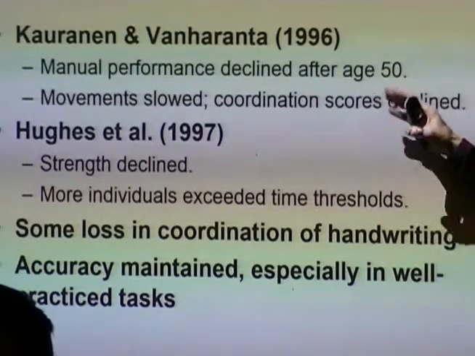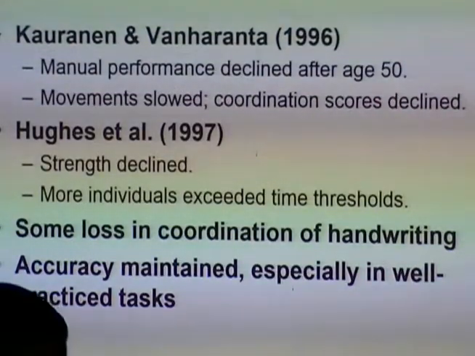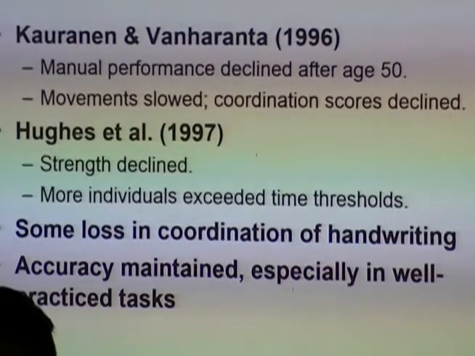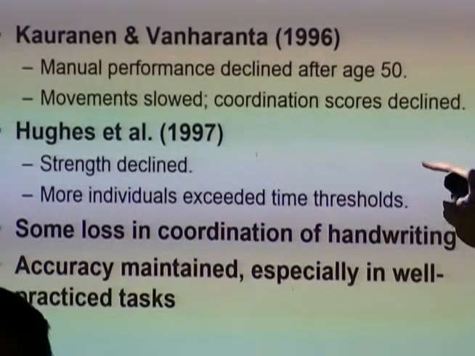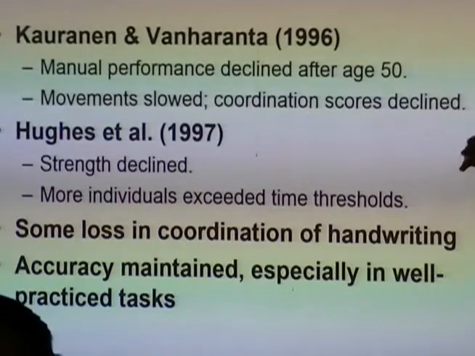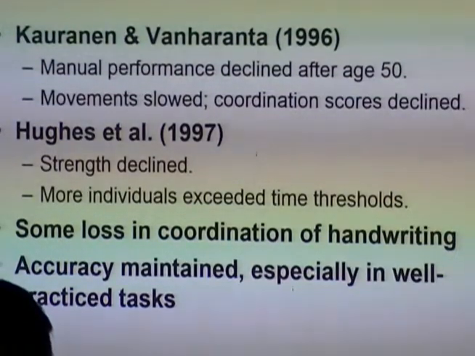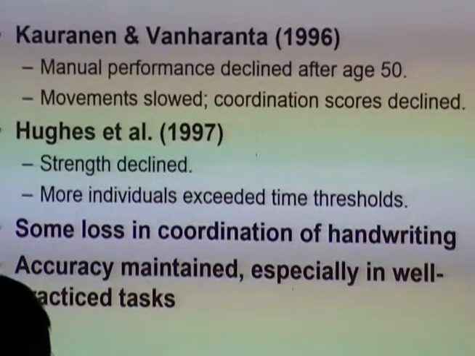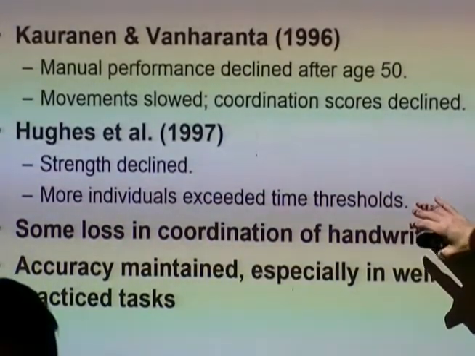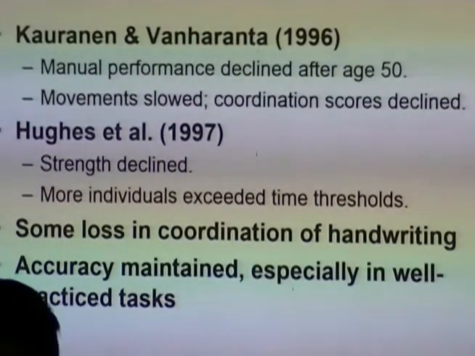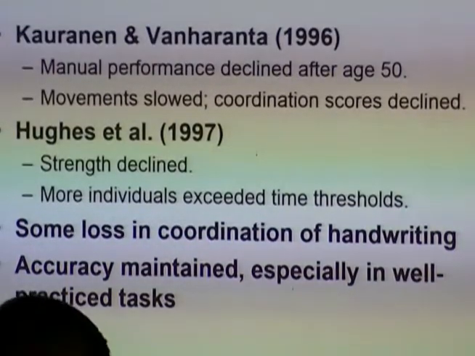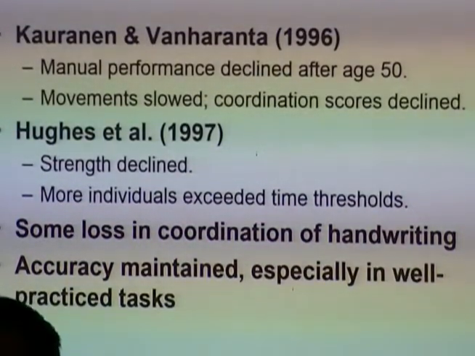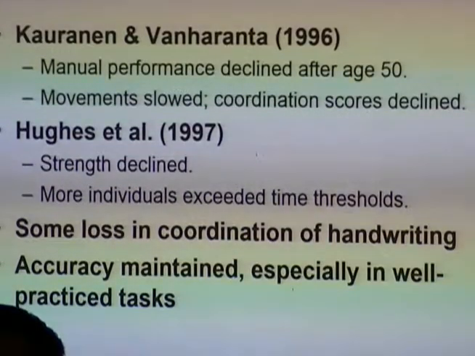And on many of these tests, there's a time limit, and what they found was that if they eliminate the time limit, then people over 78 into their 80s can do the task, but it just takes way longer than the assessment really allows. Well, that might impact how safe I can be in my house. If it takes me too long to turn something off. Or driving my car. How long does it take me to move the steering wheel in response to someone stepping off the curb?